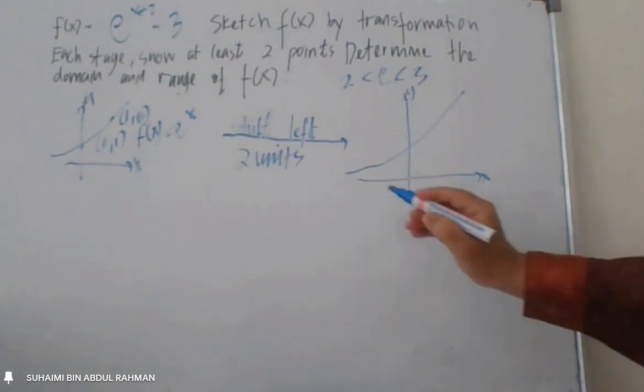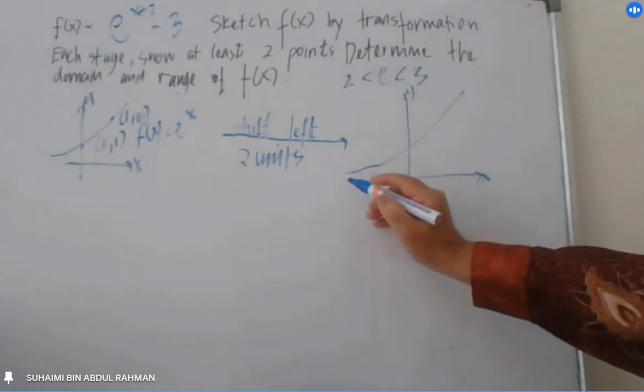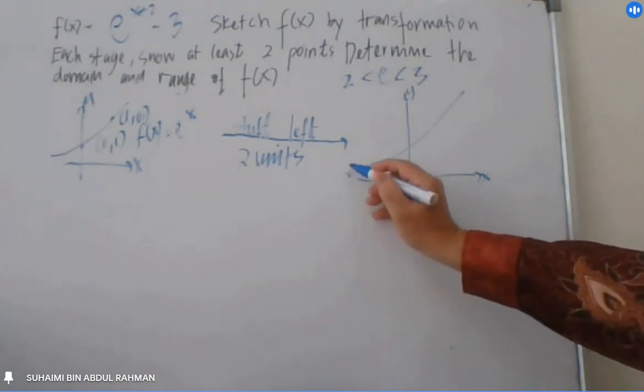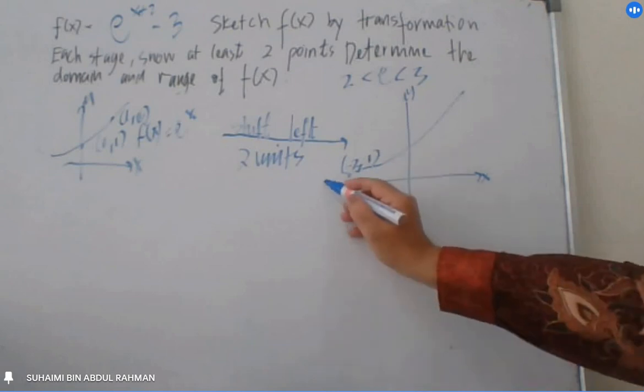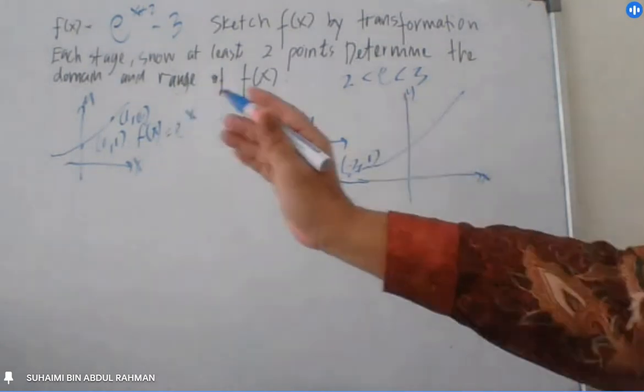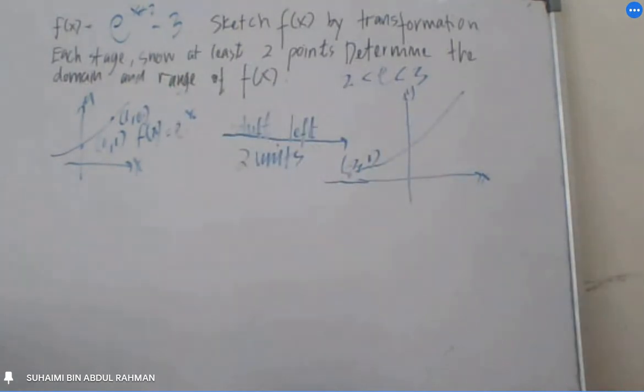Because of the negative for x, it is here: minus 2, 1. Minus 2 because we shift left 2 units. So now it's going to be (-2, 1).